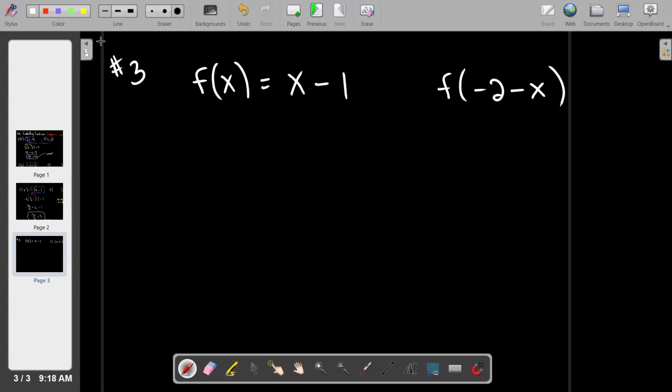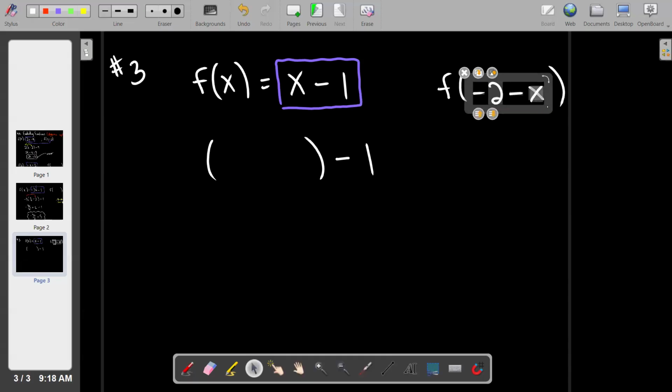So I'm going to take the purple box, and I've tried to be as consistent as I could be throughout the lesson, but that's what I want to see. That's the function rule. I'm going to copy that down, and I'm going to put a blank minus 1, and into that blank, I'm going to deposit the food.